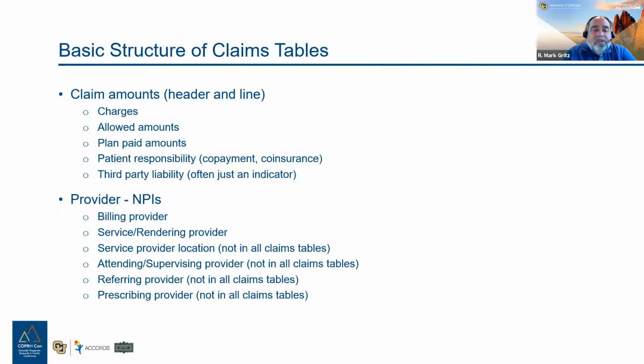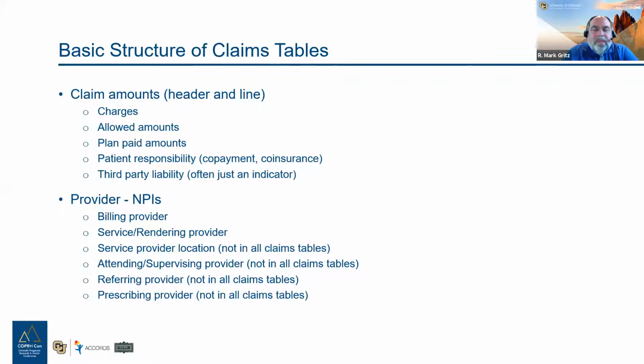The claim will also have an allowed amount, and as we know, many of our insurance providers negotiate amounts with individual healthcare providers on how much they're going to pay for a particular service. And the allowed amount is the amount that the payer allows the provider to charge both themselves and their members for.